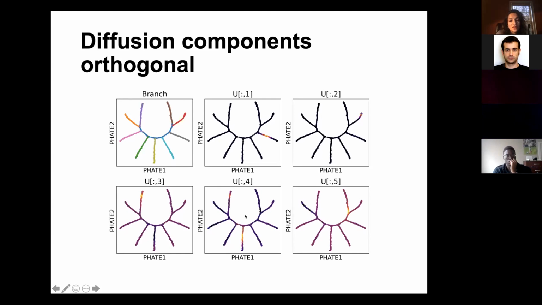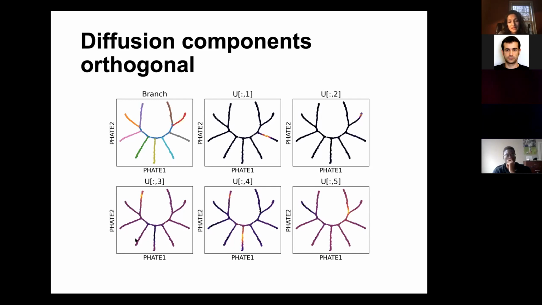But you see what diffusion components are doing, similar to PCA, is they're disentangling this space. Diffusion 1 is really activated in this branch. Diffusion 2 is activating this branch, if you can see it here. Diffusion 3, this branch. So diffusion components are decomposing your data into different components or branches based on the major pathways in your data.